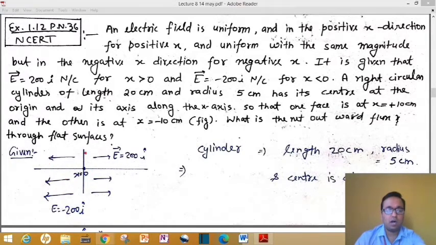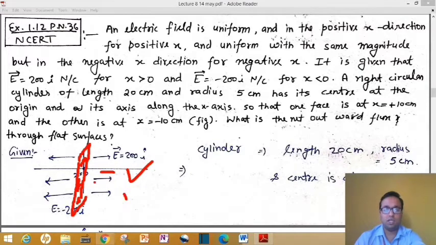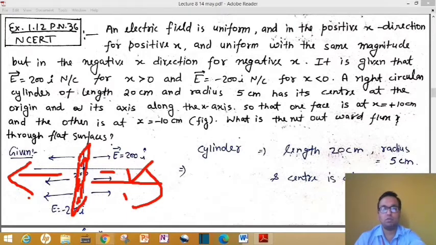If I ask you how it is possible, it is only possible if we have a particular plate over here, and that plate has surface charge sigma, any amount of charge it may be, and that electric field must be sigma upon 2 epsilon naught, and the direction is always away from positive charge, in this direction and in this direction. I hope you understand this now.